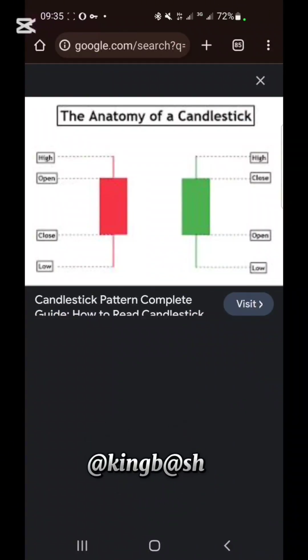Welcome back. So we are going to discuss price action today, and before we start we have to explain what a candlestick is, because this is the most important thing you should know. I believe some of us are aware of what a candlestick is, but I'm just going to give a brief introduction.